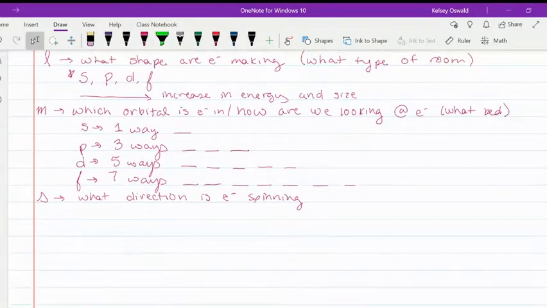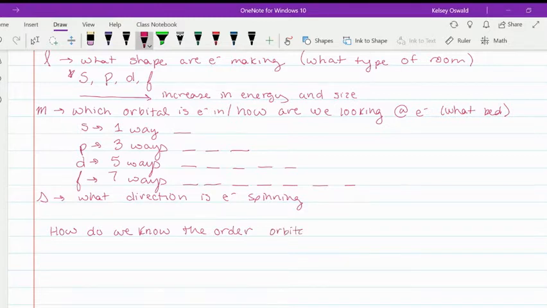Okay? And our big question for today is, how do we know the order in which our orbitals or beds are filled? Or in other words, where are our electrons going to go first?